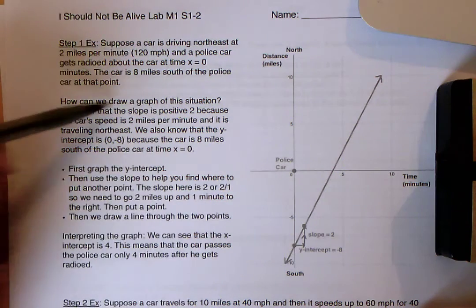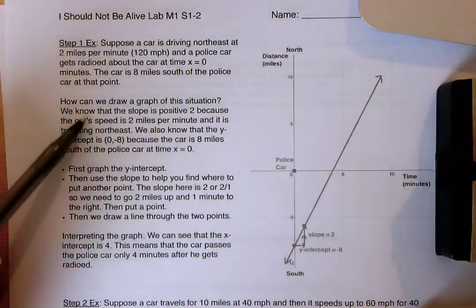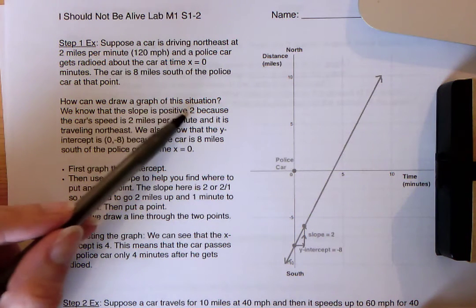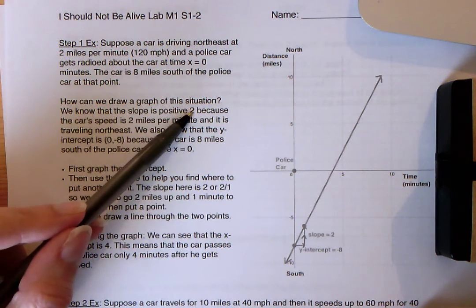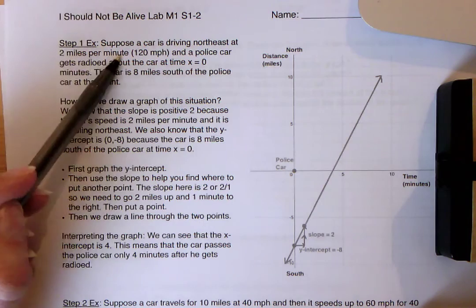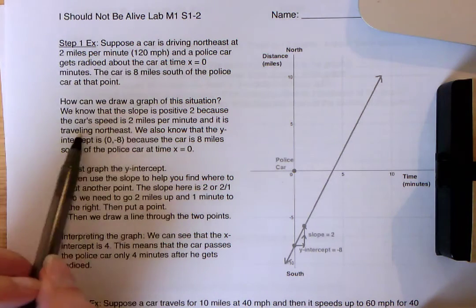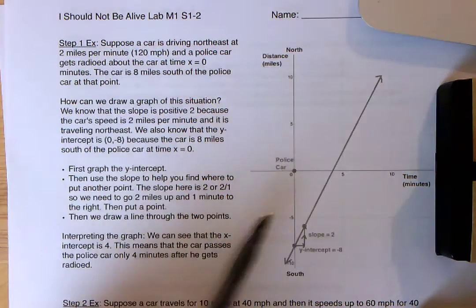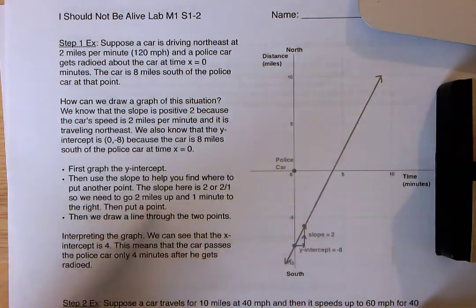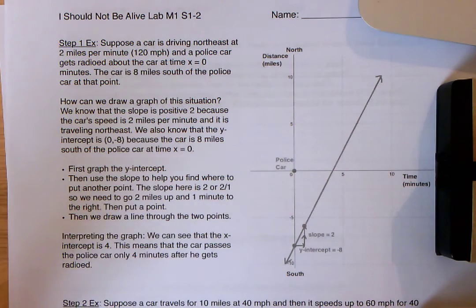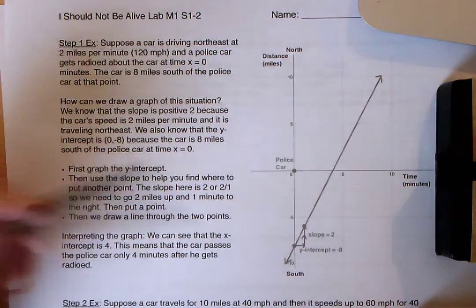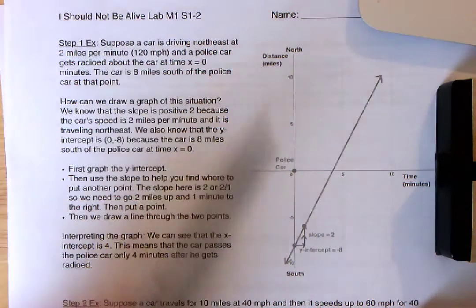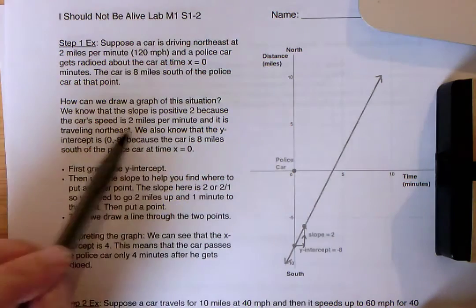So it says here, how can we draw a graph of the situation? We know that the slope is +2, because it was 2 miles per minute, and it's traveling northeast. So directionally, that's how you determine whether it's a positive or negative slope. So it's positive slope because he's going northeast, and it's 2 miles per minute.